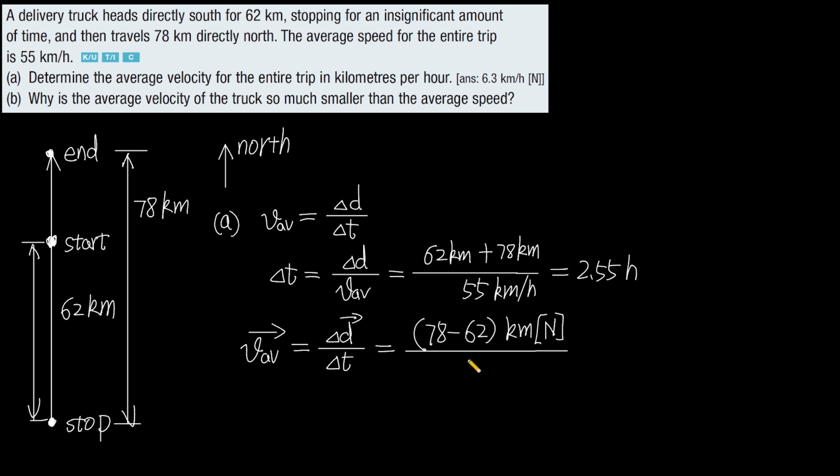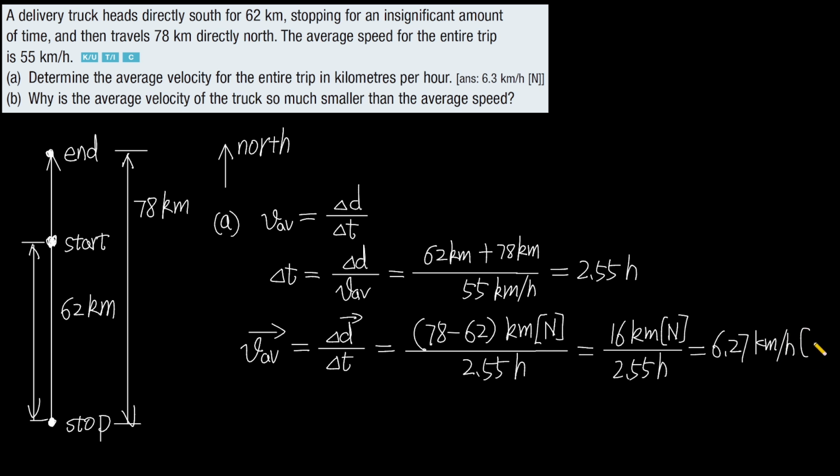And divided by the time interval, 2.55 hours. And this equals 16 kilometers, the direction north, divided by 2.55 hours, and this equals 6.27 kilometers per hour. And the direction is north. So this is the average velocity for the entire trip.